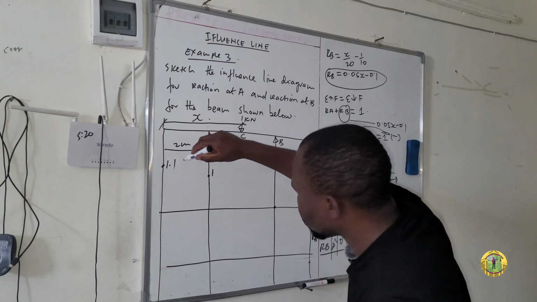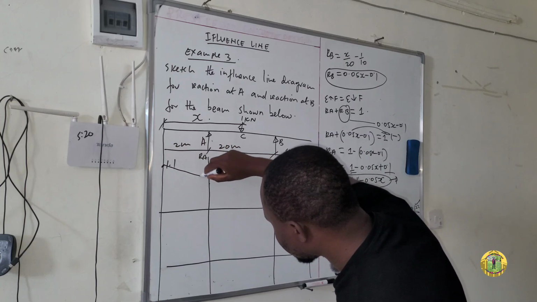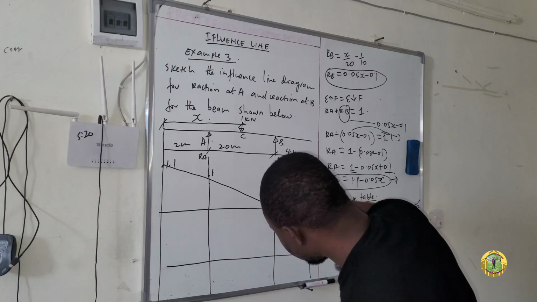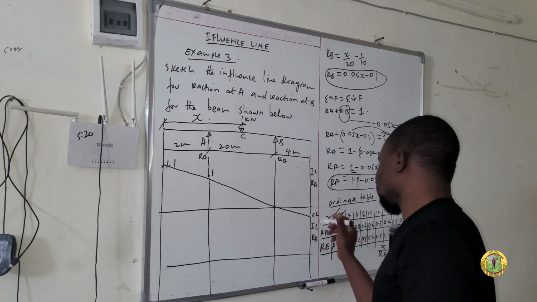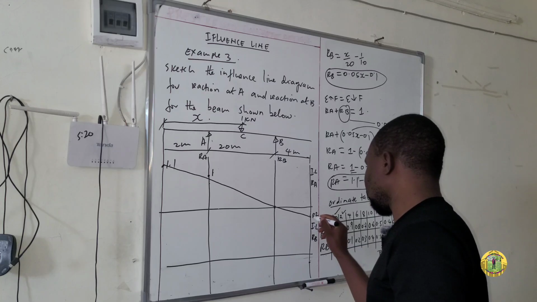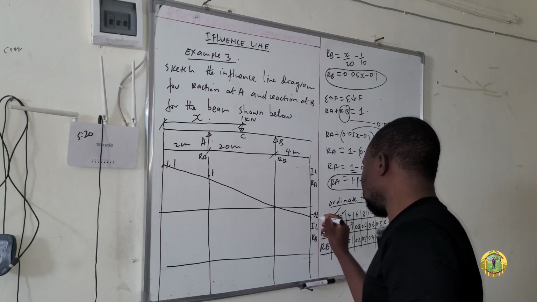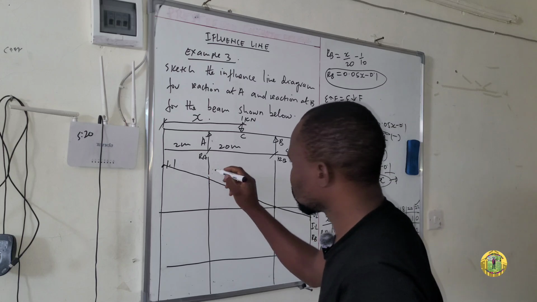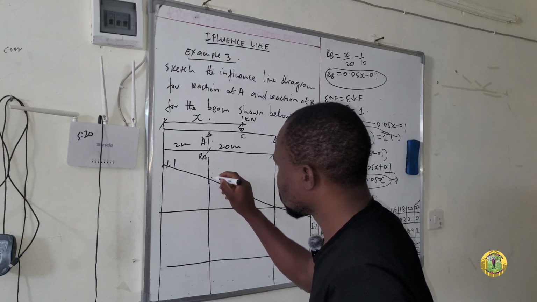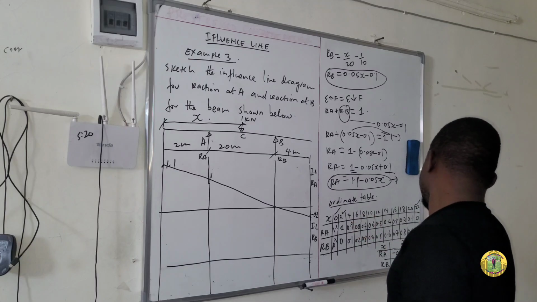Now we'll join all these points like that. So this is negative 0.2. And then here is 1. Like that. So this one done.